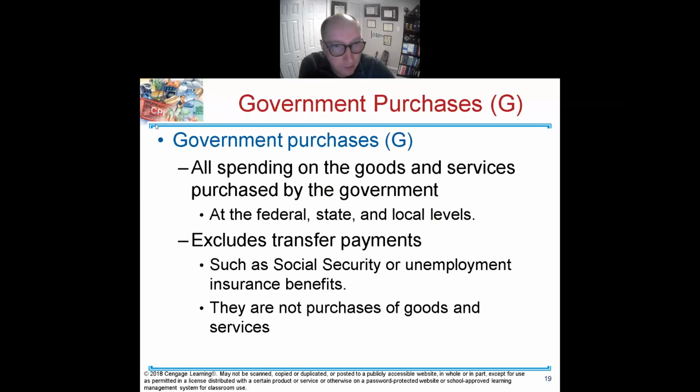Government purchases. Government spends money on goods and services for the government. This is federal, state, and local, sure. These services: road construction, building a new school, building new infrastructure.